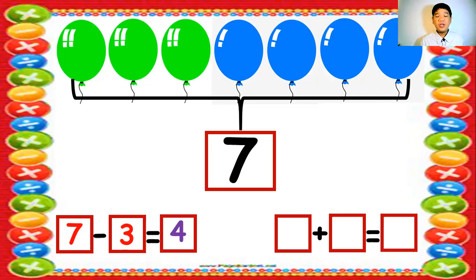Therefore, if we add the 3 green balloons plus 4 blue balloons, we have 7 balloons.